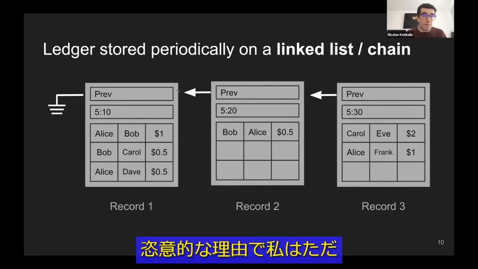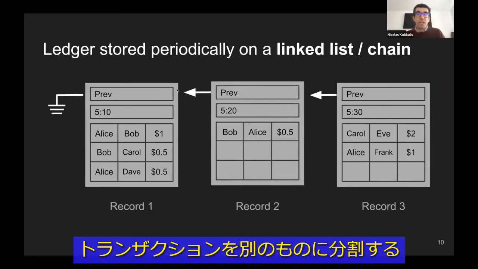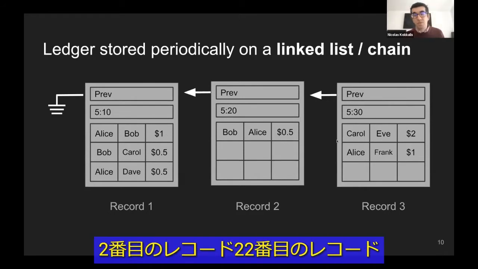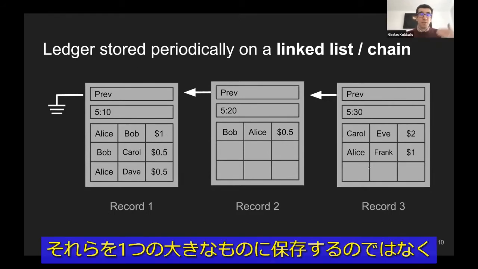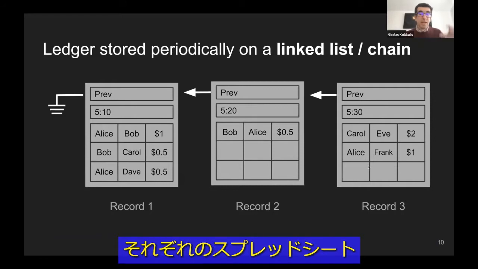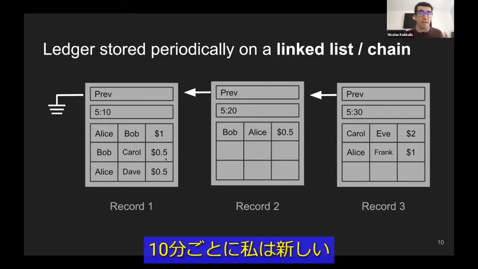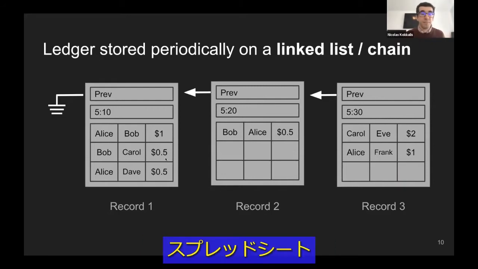For an arbitrary reason, I just split my transactions into different records, and I call the first one record 1, the second record 2, the third record 3. Rather than storing them in one big spreadsheet, each record is a different spreadsheet, and every 10 minutes I have a new spreadsheet.